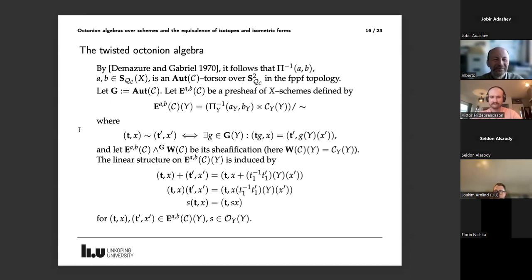Then we define the presheaf of X schemes, E_AB, by this Cartesian product and quotient, where two elements are similar if there is some automorphism such that we have this equality.